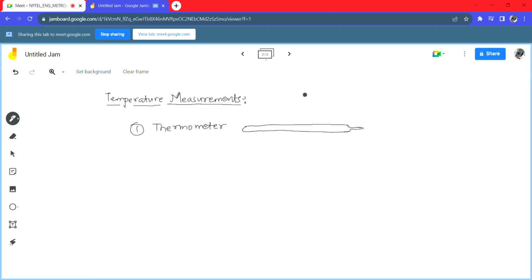So this is the typical design of a thermometer, where this is the bulb, this is the glass tube. Here on the body there are several markings for the temperature. And then there is mercury filled all over here.